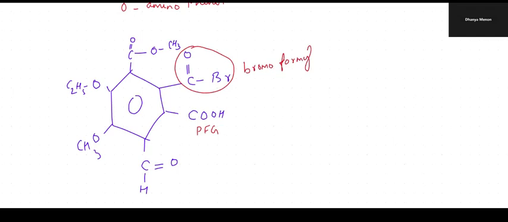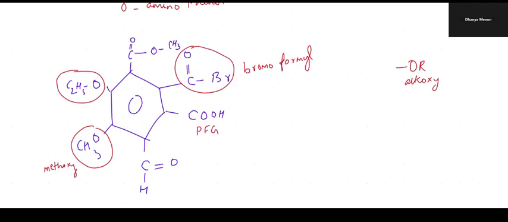Okay. OCH3 group is methoxy group. Always OR is alkoxy. So if I see OCH3, it is methoxy. OC2H5 is ethoxy.